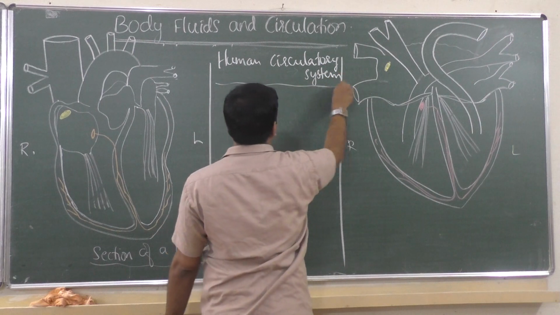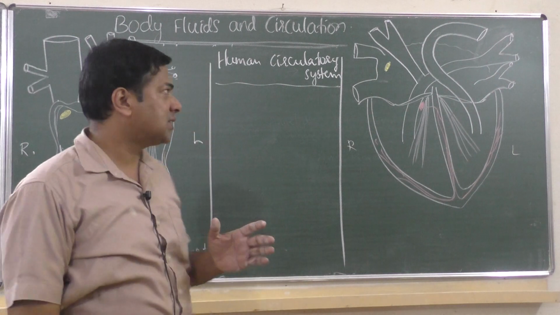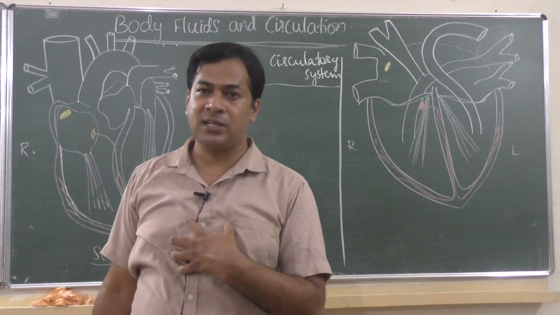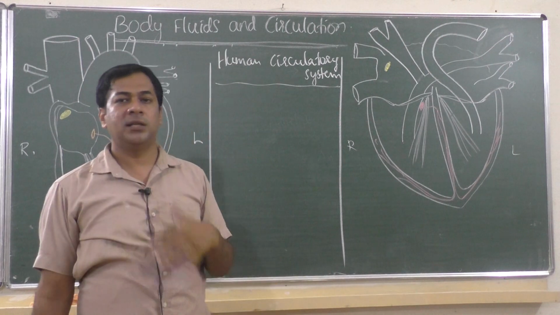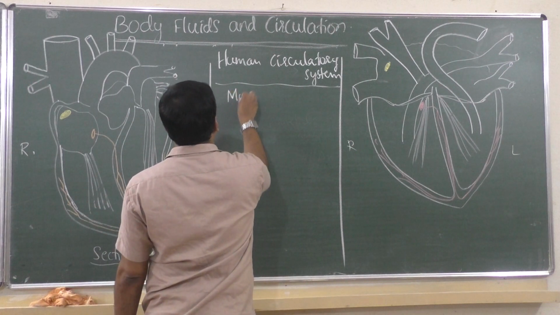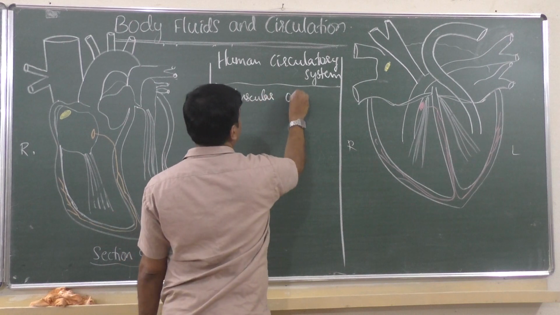So human circulation means transportation of blood. So transportation of blood is because of one special organ present, that is a pumping organ which pumps blood to all the body parts, that is heart. And heart is a muscular organ made of special cardiac muscles.